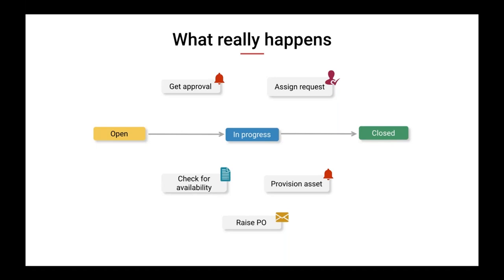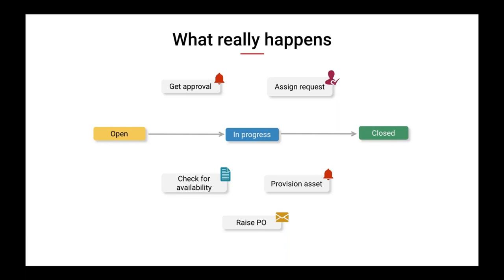Only if the request is approved, it's going to be assigned to a technician. And the technician is going to be notified at that point saying a request has been assigned, so notifications are required. And the technician is going to check if the asset is already there in stock. If not, they have to raise a purchase order, wait for the PO to come in, and then provision the asset to the user and close the ticket.